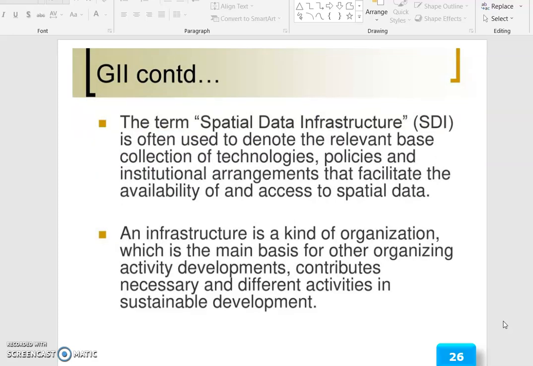The term spatial data infrastructure is often used to denote the relevant base collection of technologies, policies, and institutional arrangements that facilitate the availability of and access to spatial data. An infrastructure is a kind of organization which is the main basis for other organizations' activities and developments, and contributes to sustainable development.